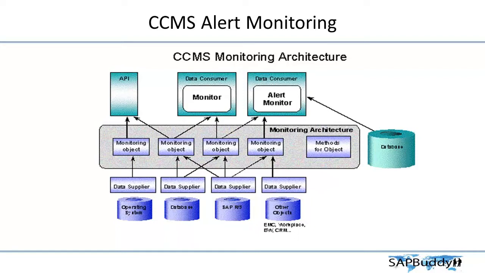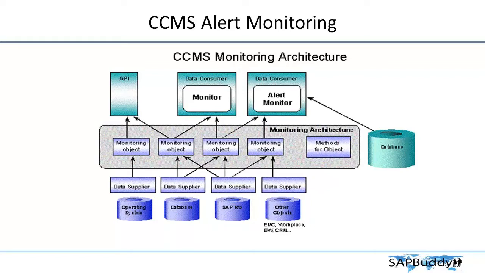For the operating system you need to have information from the operating system itself. So for that we have a data supplier called SAP OS call, which runs in the operating system. Whatever calls go to the operating system, or whatever information you need from the operating system, this particular program will collect this information and interact with SAP.